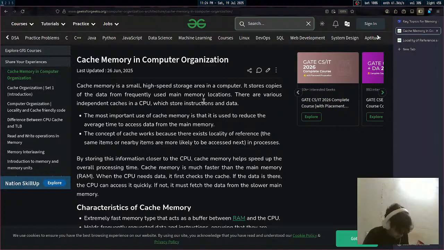Works on the assumption that... works on providing frequently accessed memory, faster to process.